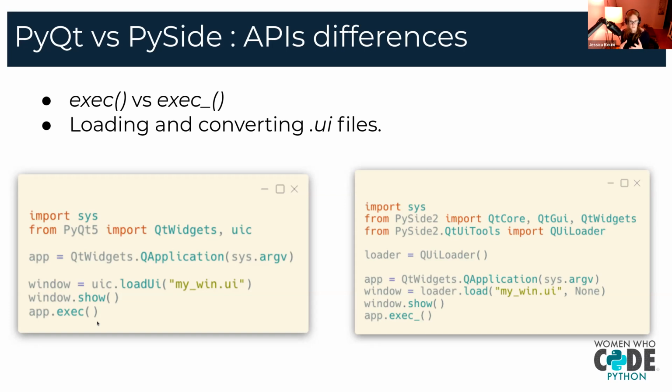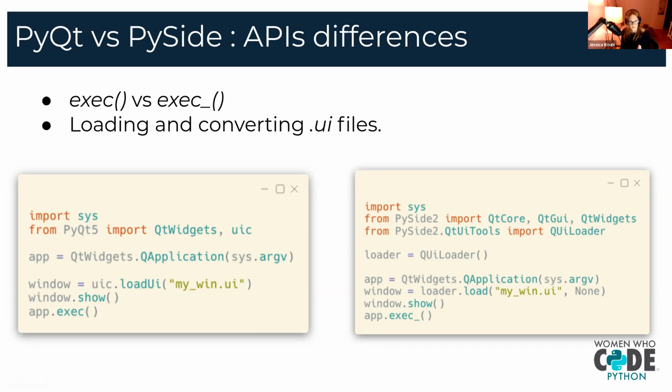Another major difference: like I mentioned, if you are using Qt Designer, you may create .ui files. That's a very easy way to create a prototype or the base of your interface. If you want to use a UI file, you have two ways to deal with them.